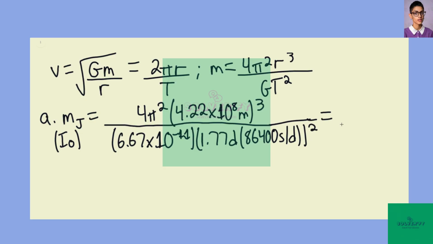And so we find that the mass of Jupiter is going to be 1.90 times 10 to the 27th kilograms. And again, this will be based on information from Io.